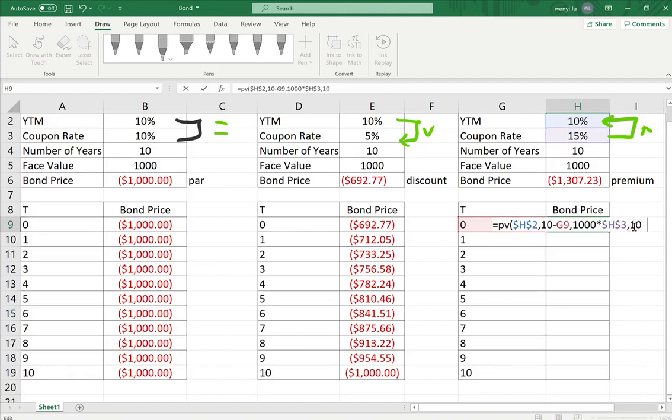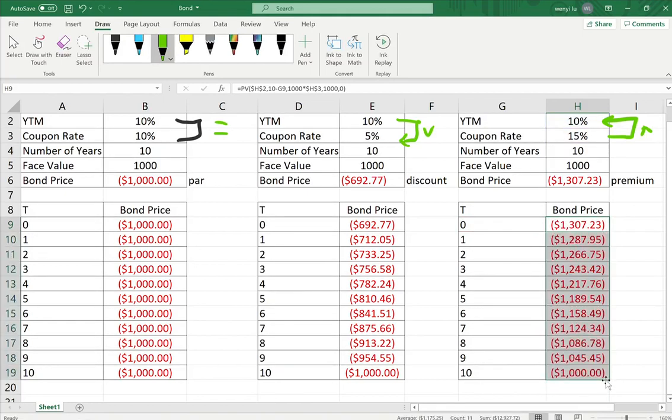The face value is 1,000, and the type will be 0. You can see the bond trading at a premium at the beginning. Let's drag this formula down. You can see the price of the bond will continue decreasing until it reaches the face value at maturity.